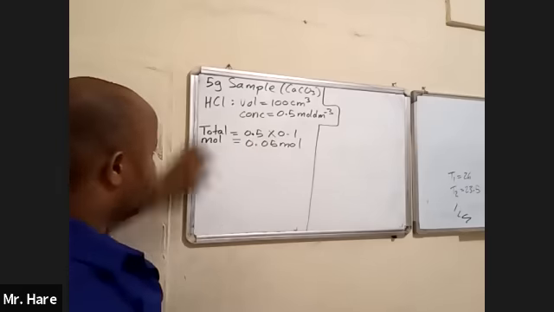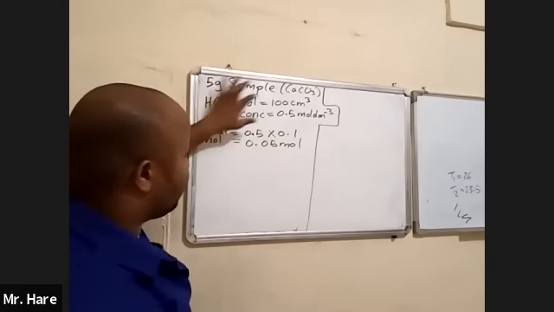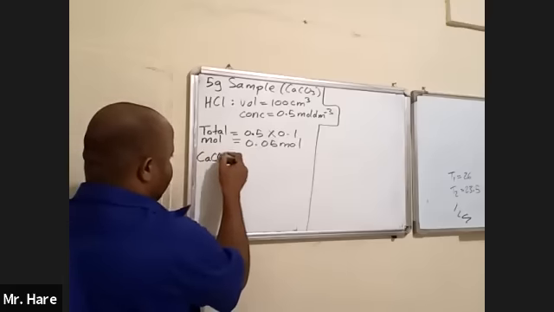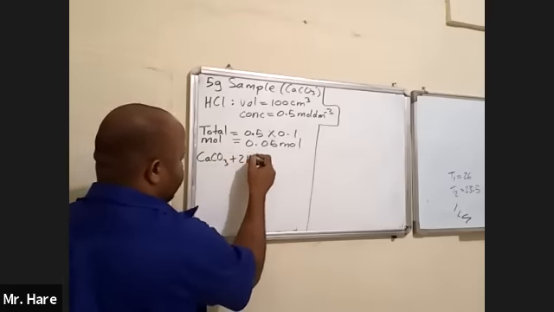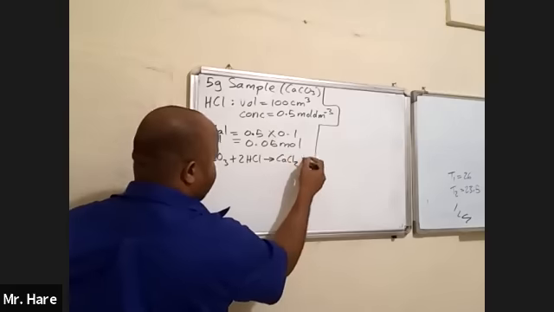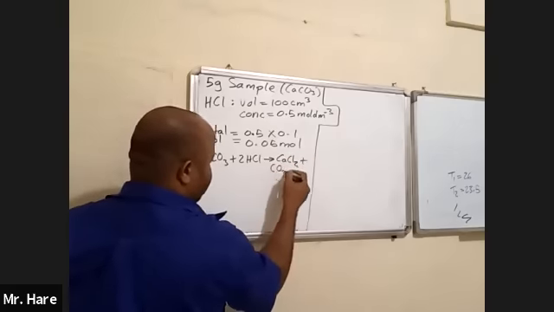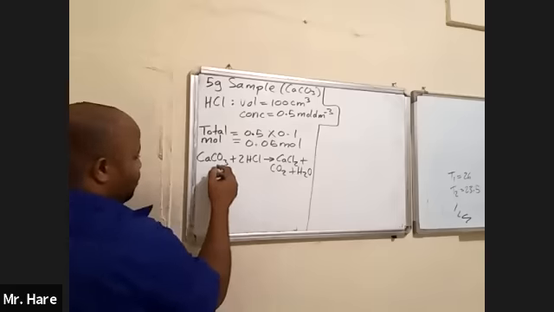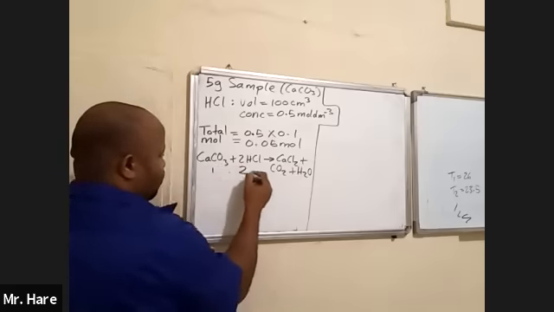We know that the HCl reacted with the calcium carbonate. So calcium carbonate plus HCl give you calcium chloride, carbon dioxide, and water, and we know that the mole ratio is 1 to 2.